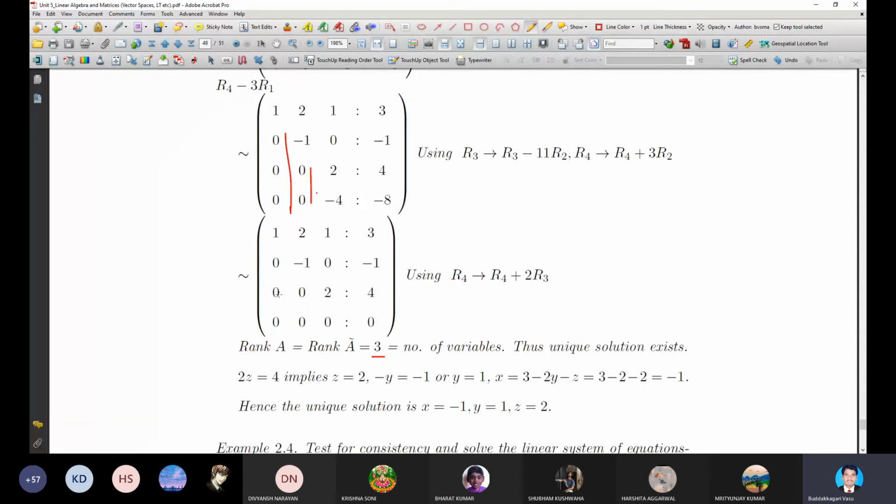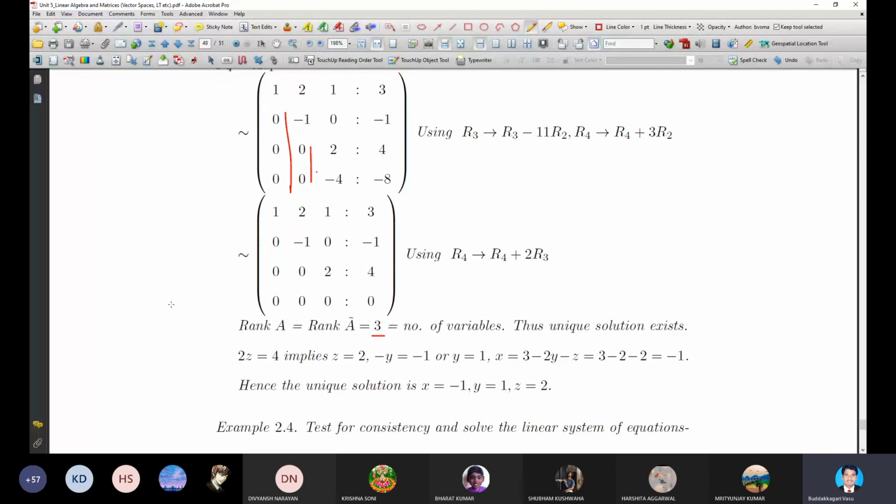You can write the solution once you have the row echelon form. Now convert this into matrix form: 1, 2, 1, 0, minus 1, 0, 0, 0, 2, times X, Y, Z equals 3, minus 1, 4.